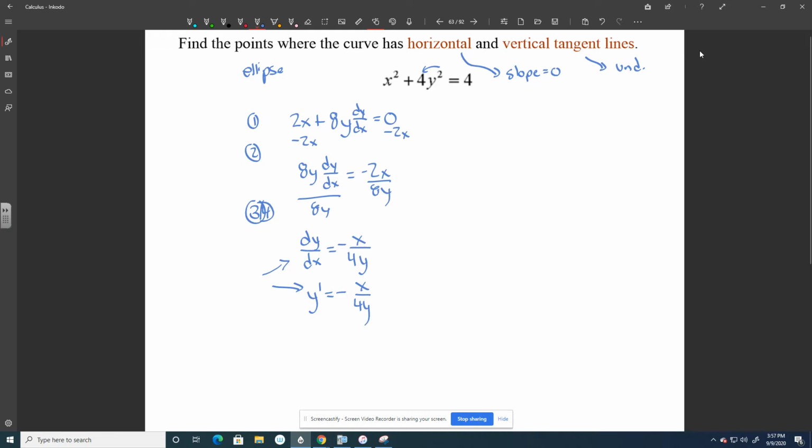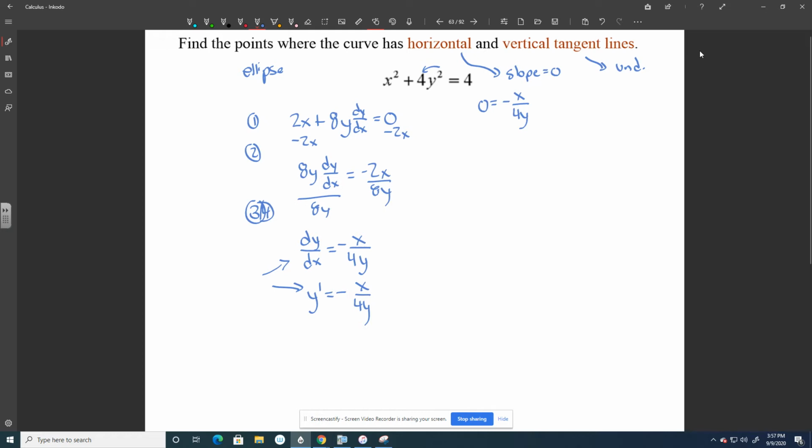So what I need to find is, first of all, my horizontal tangent line, which means I need to figure out what happens when this right here, my slope, is equal to 0. So to get my slope equal to 0, I'm going to say 0 is equal to -x over 4y. Well, what's going to make this equal to 0? Because I can multiply by 4y, but I'm going to end up with just my -x, right?